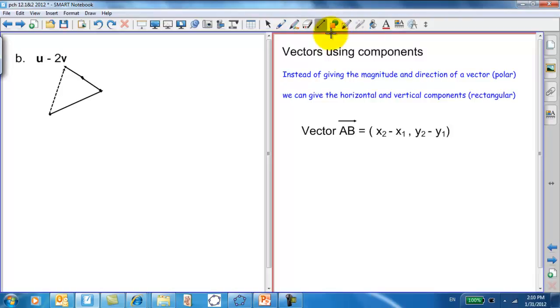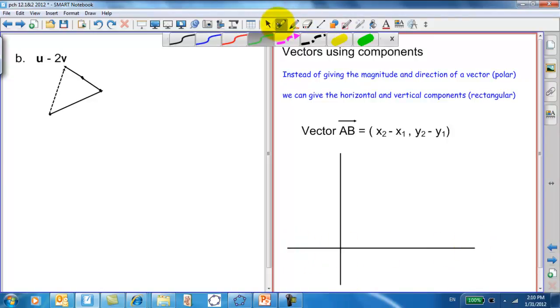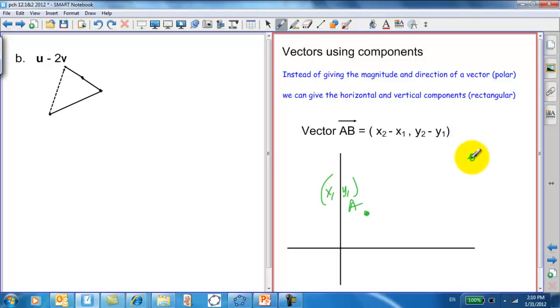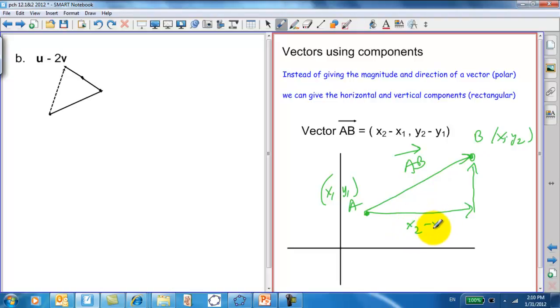So in a coordinate system now, when you have a couple of points here, and you go from point A, which is x1, y1, to point B over here, which is x2, y2, and that's your vector AB. You can see how you can break it up into a horizontal part and a vertical part. You're going over x2 minus x1, and then you're going up y2 minus y1. And that's how we come up with the components of vector AB.